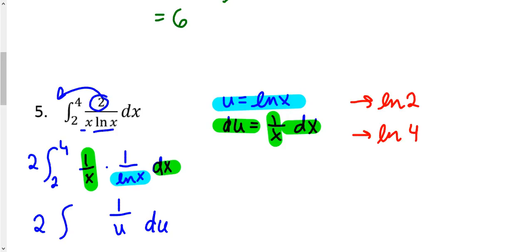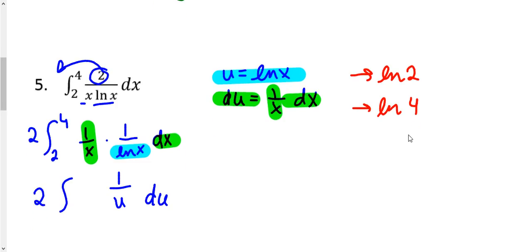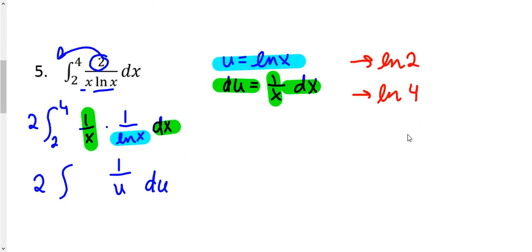When you plug those into your calculator, you're going to get decimals. So you can put decimals on your limits. I prefer not to, so since I went ahead and changed those to u substitution limits, I would just put the ln of 2 and the ln of 4 here. That's fine, that can go there. That's just what I'm plugging in. Anything can go there, okay? Don't freak out.